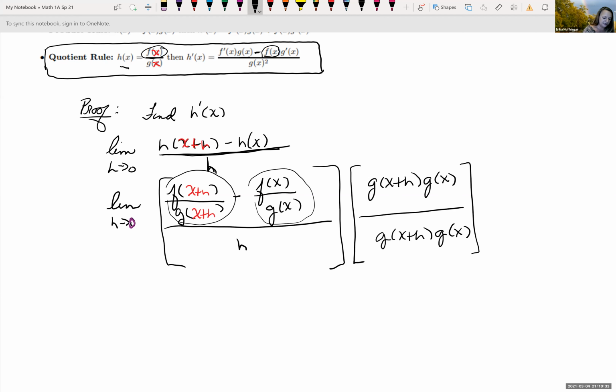The whole point of multiplying by the LCD is so that the denominators of our fractions cancel, and our fractions go away. So distributing this, g of x plus h cancels for the first, and we're left with our numerator, which was that f of x plus h, and we're left with this g of x.